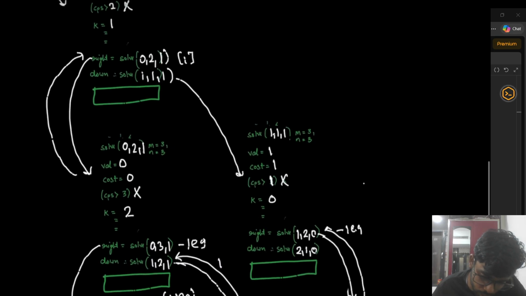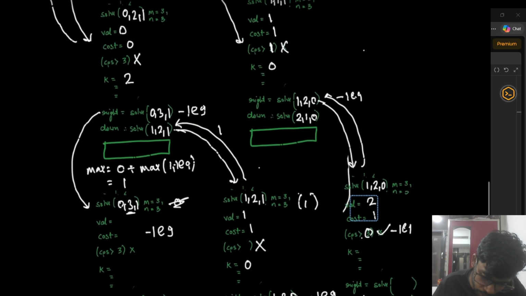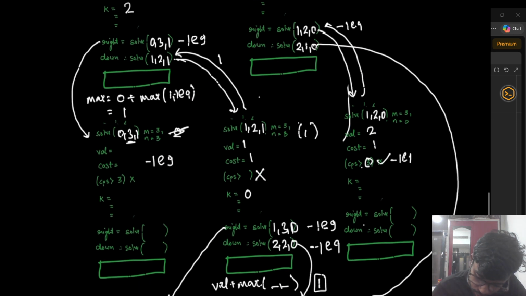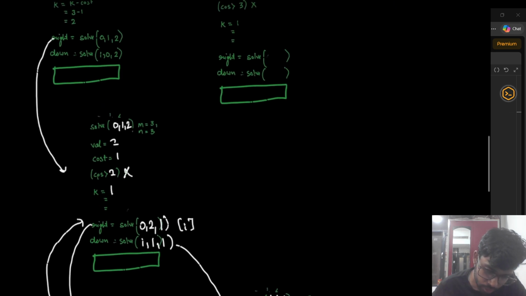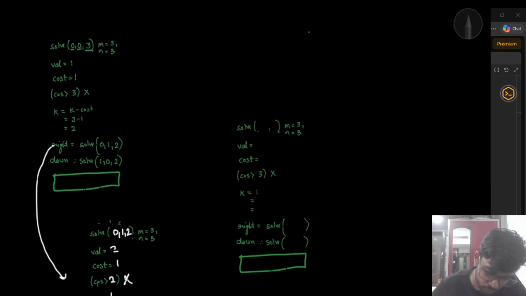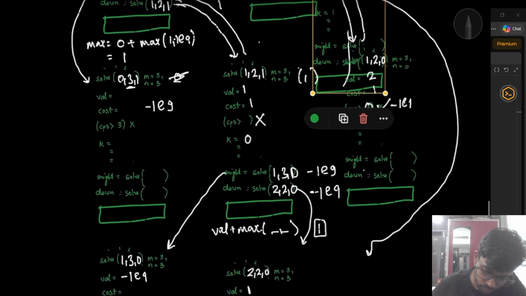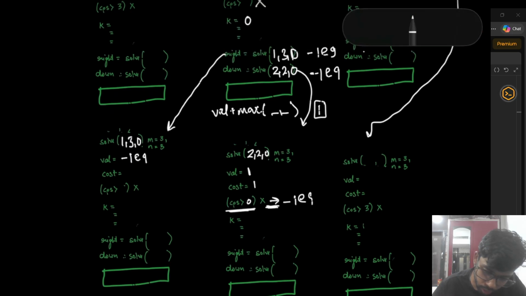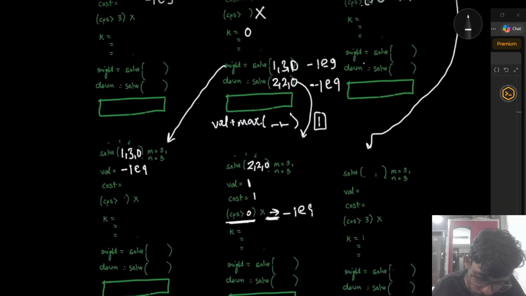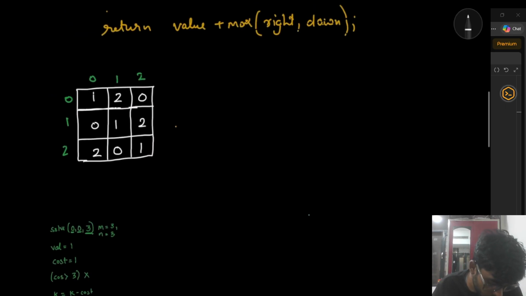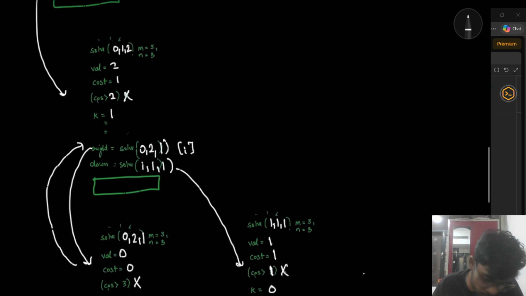Then again this left function will be called. Let's call it here. So here, what is the 2 1 0? Sorry, 2 1 0, right? So the value of 2 comma 1 is 0.